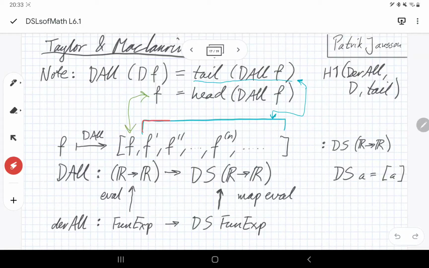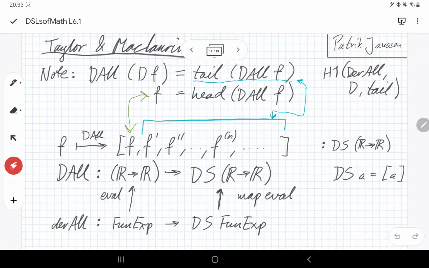Then if you look at this part, the blue bracket, that's a derivative and its derivative and its second derivative and so on. So the tail of the result here, the tail of running Dall on f, should be the infinite list that you get if you apply Dall to the derivative of f, that's f prime.